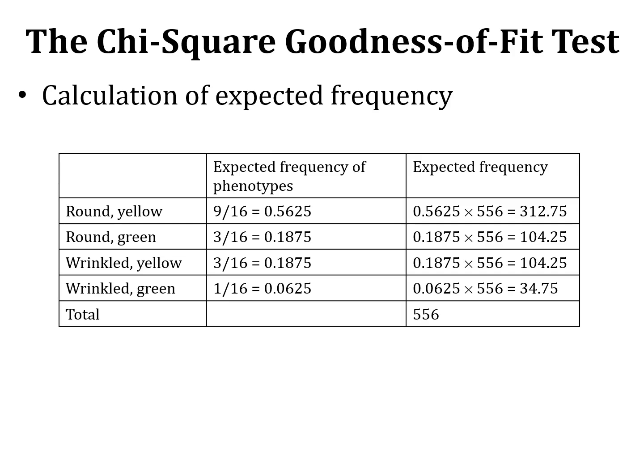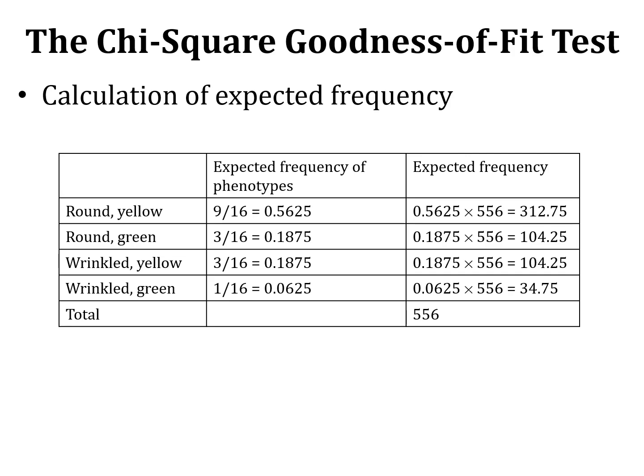And now we calculate the expected frequency. What is the total number of the progeny that the farmer had? It is 556. So 0.5625 of 556 should be the expected frequency for round yellow, which is 312.75. For round green and wrinkled yellow, it is 104.25 each.